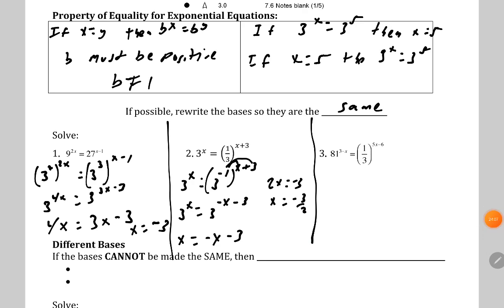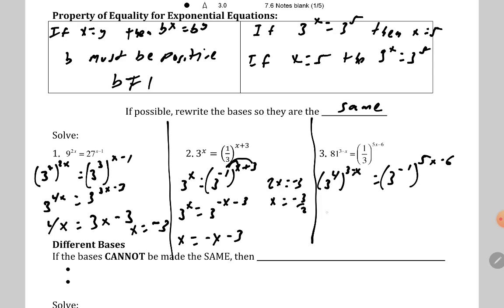Okay. 81 is the same thing as 9 squared, or 3 to the 4th. So this is 3 to the 4th to the 3 minus x equals 3 to the negative 1 to the 5x minus 6.